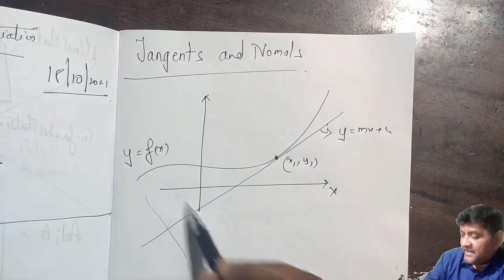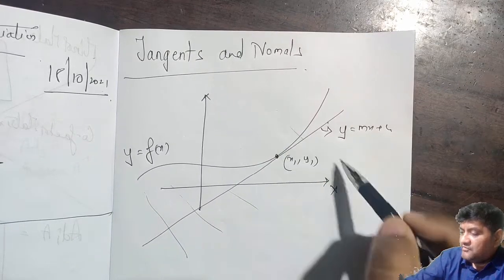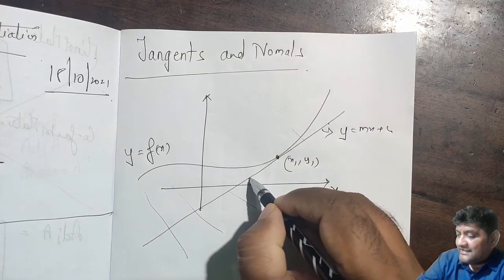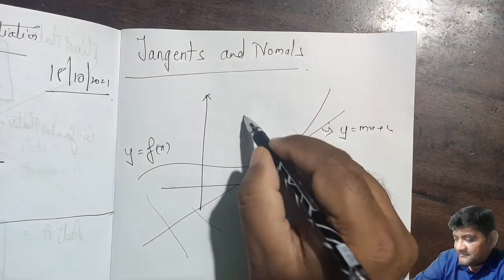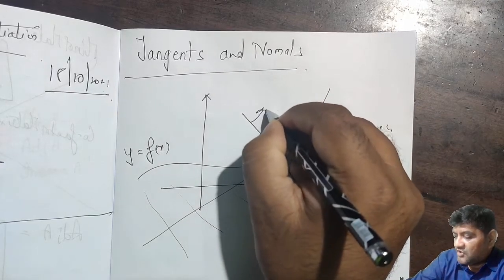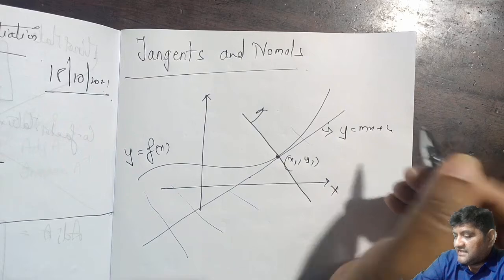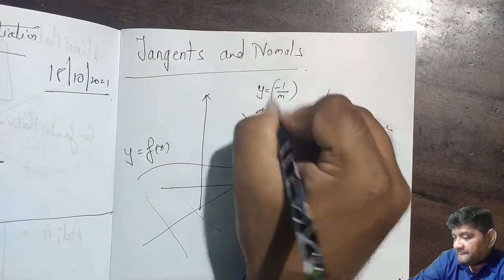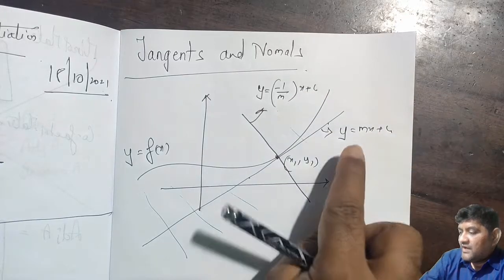The tangent can have a lot of lines perpendicular to it, innumerable lines perpendicular to it, but a line which is perpendicular to the tangent at the point of contact, this line is known as a normal, and the equation of the normal is that. Now, why do I write this?